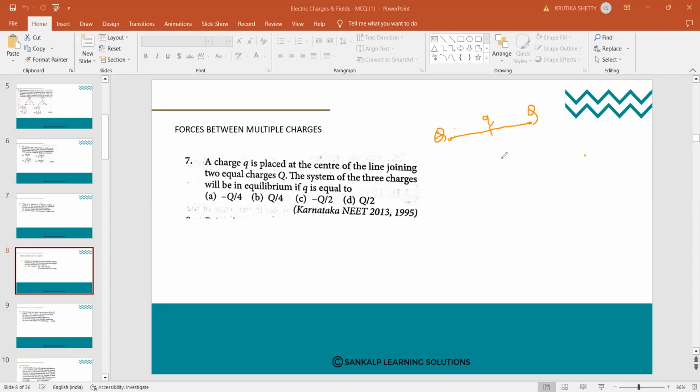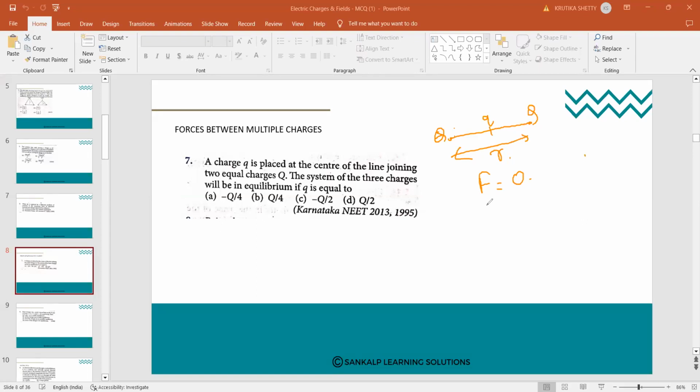So whatever the net force is acting, this total distance between the two charges, I'll take it as R. So when you are saying it is in equilibrium, then the net force acting on the system must be 0. So when no external force is acting on the system, what happens? The system should be in the equilibrium condition.